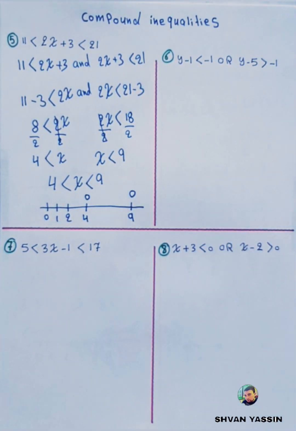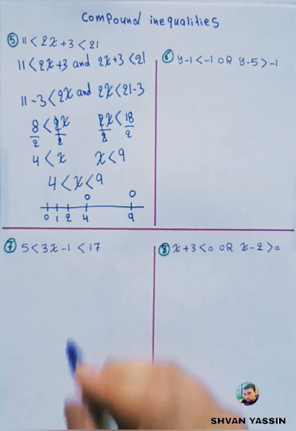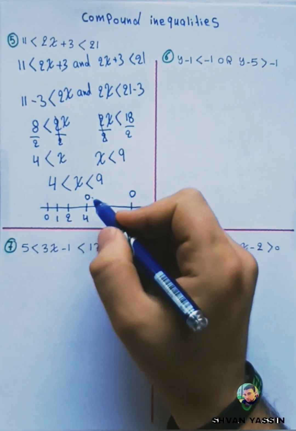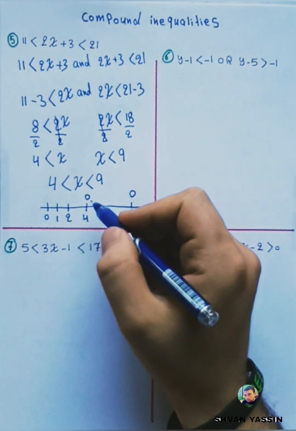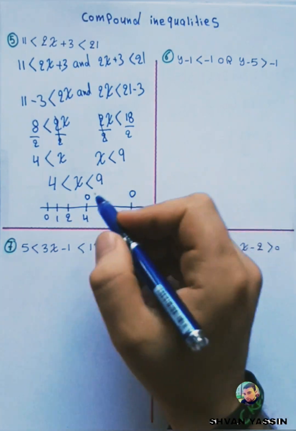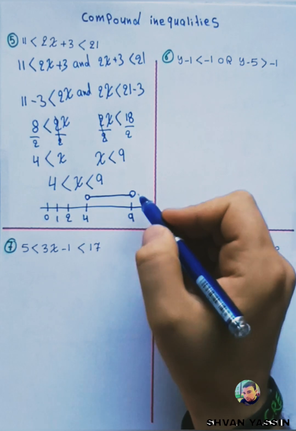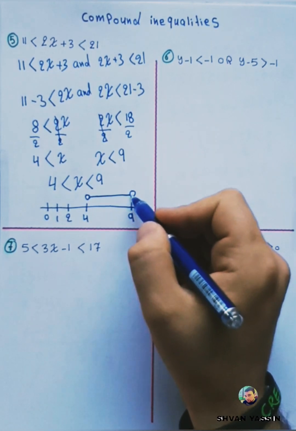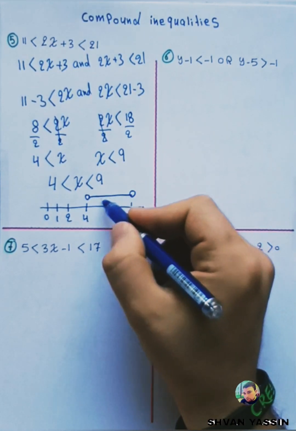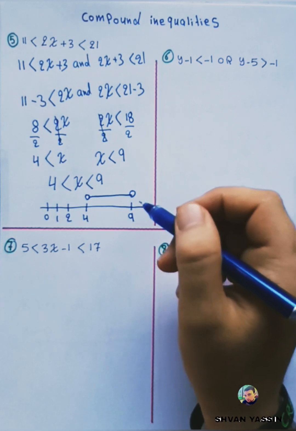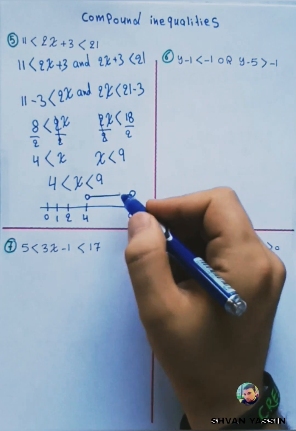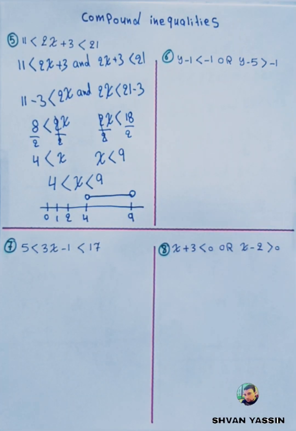Again, we have to draw a small open circle. Since x is greater than 4, the values of x go to the right side, and x is less than 9, so the values of x go to the left side. So we have to match these two circles.